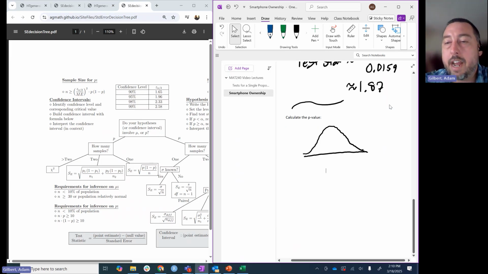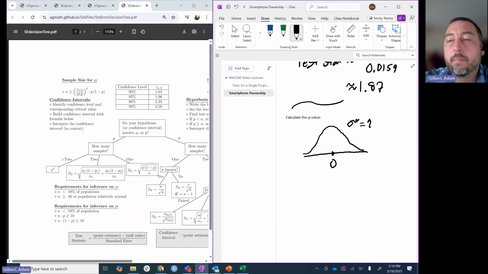This distribution now has a mean of 0, and it has a standard deviation of 1. Always when you use the test statistic formula and you end up with a normal distribution, this is the case you're in. So mean is 0 and standard deviation is 1.